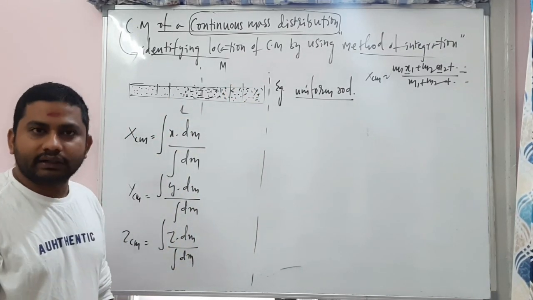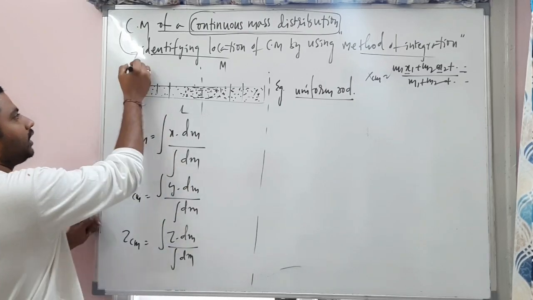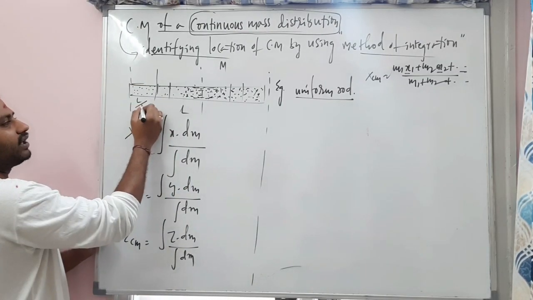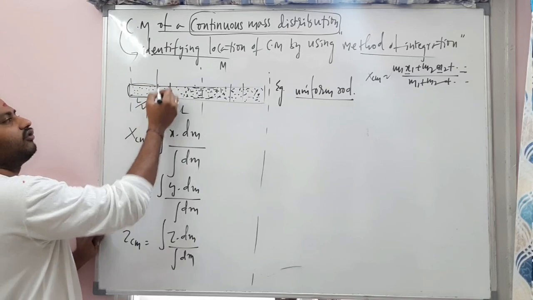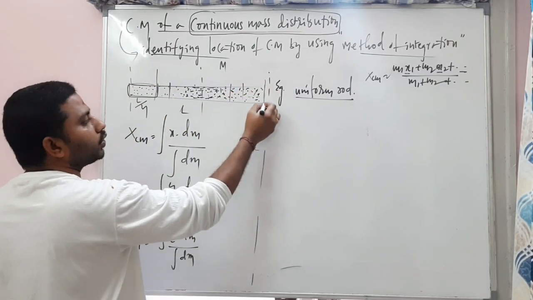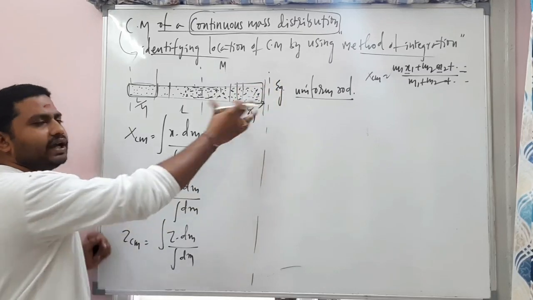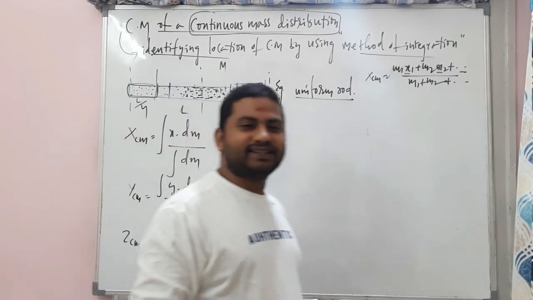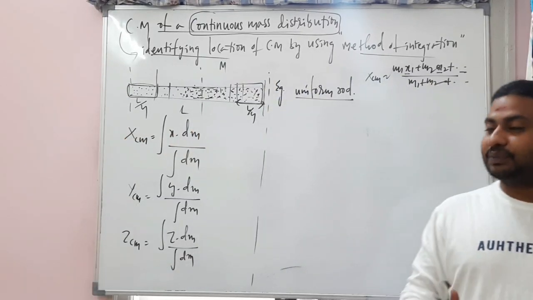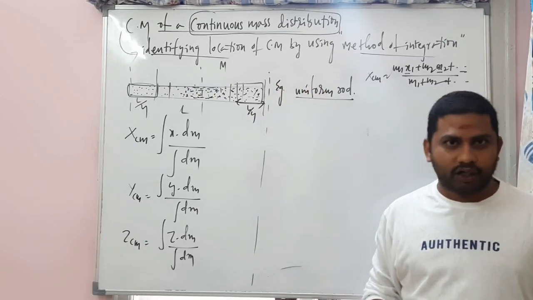From here to here, at L by 4 distance, some mass distribution you find; from here also at a distance L by 4, the mass distribution is the same. That is the concept called a uniform rod.